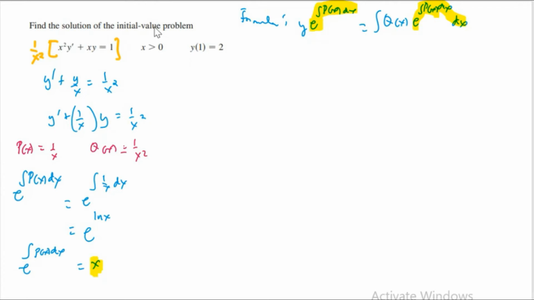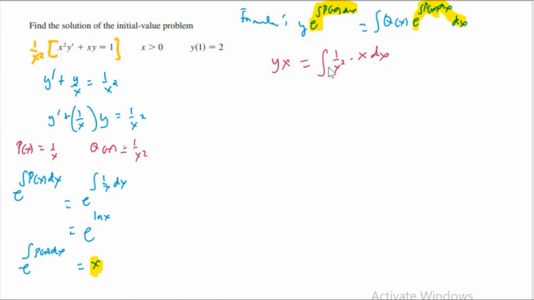So by substitution, we have y times x, since e raised to the integral of p of x dx is x. So we have yx is equal to the integral of q of x, which is 1 over x squared, times x dx.